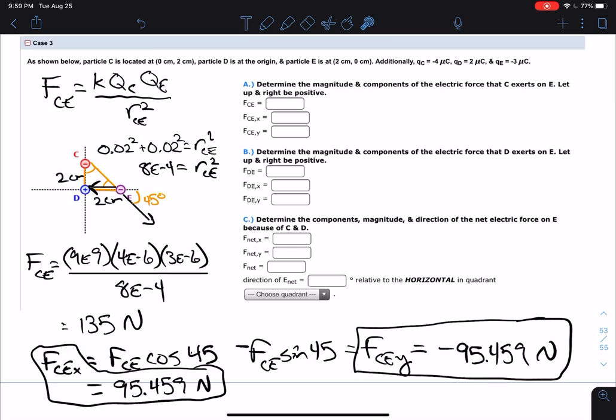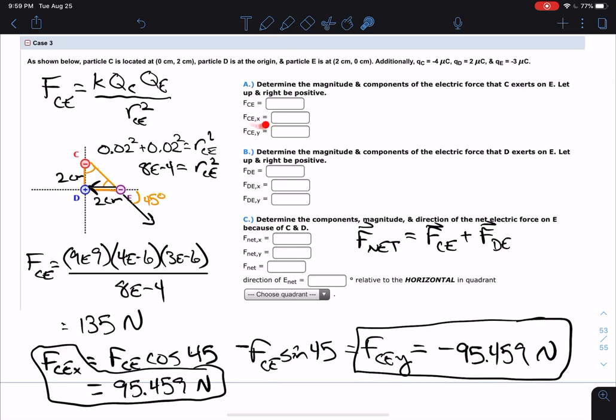You need to, because you're trying to get the net force. So the net force, if I want the net force, that means I've got to add FCE plus FDE. That'll give me the net force on E. And that means I have to add the like components.